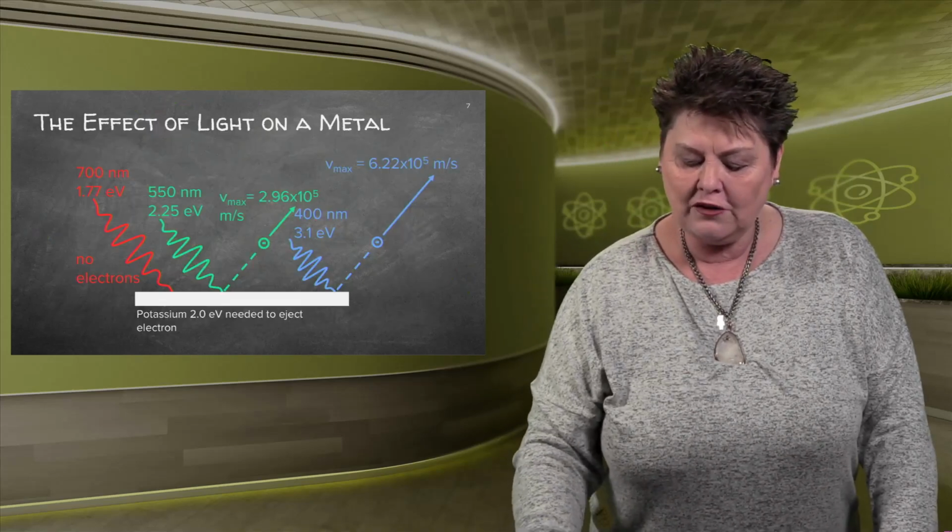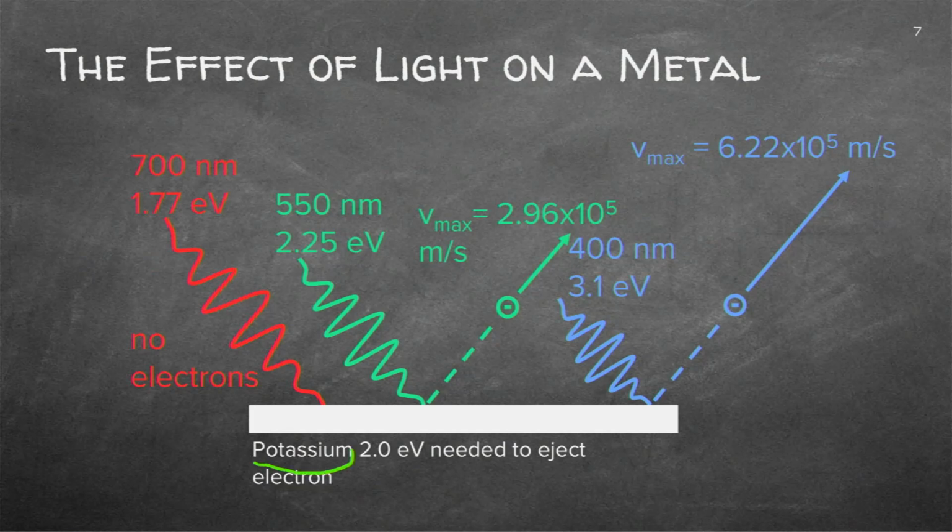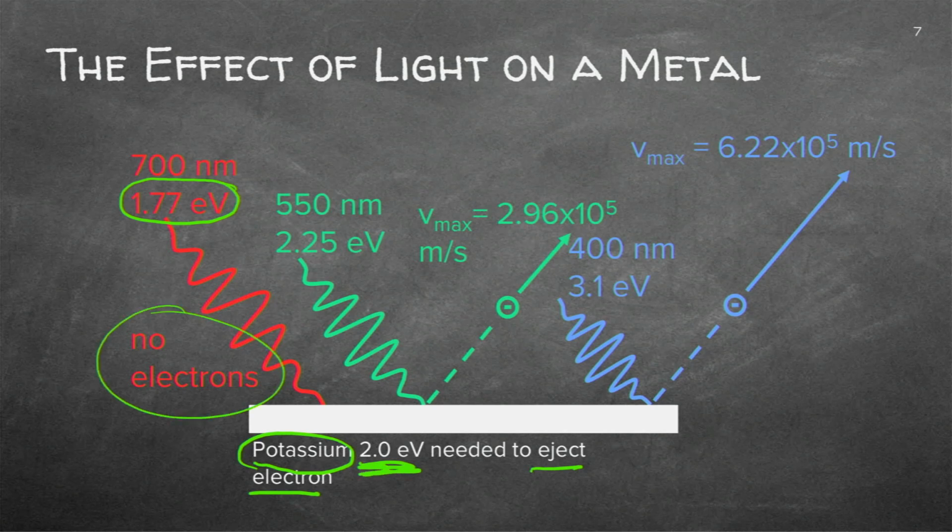Right, so I've got 3 lights shining on a metal. It's potassium, and it's got a value of 2 electron volts if you want to eject an electron. Light is coming in with 1.77, and it's red. Can you see? 1.77 is smaller than the 2, so no electrons will be emitted. I've got green coming in with 2.25.